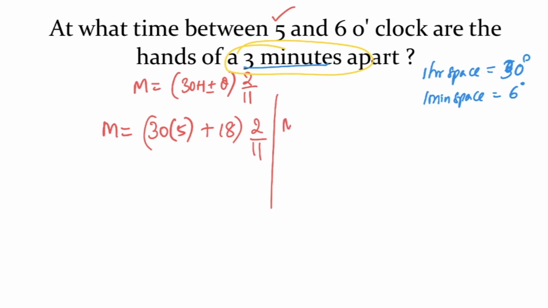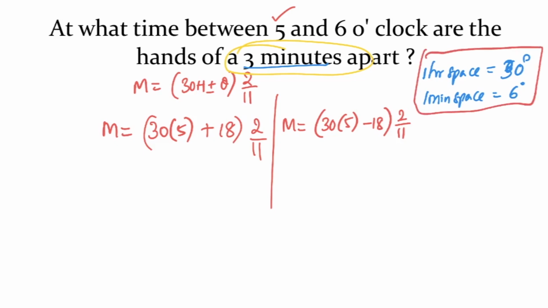Second case, minutes are equal to (30 into 5 minus 18) into 2 by 11. Notice the difference. Here angle is not given directly. Angle is given in terms of spaces. 3 minute spaces, 3 minutes apart means 18 degrees apart.